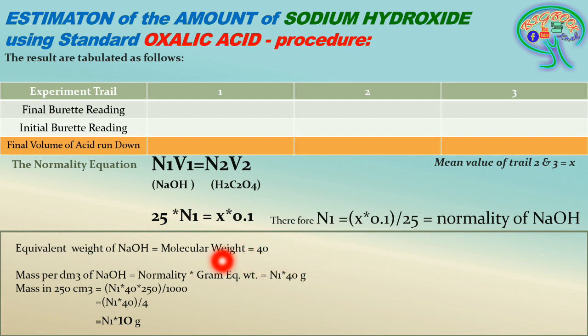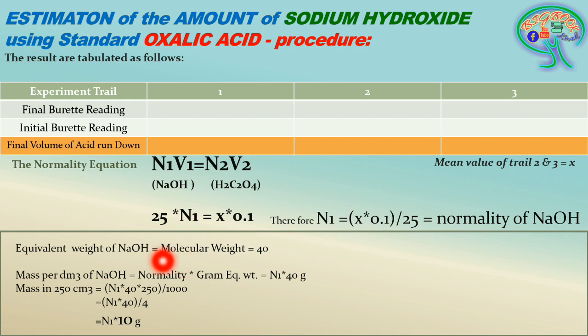So in the same manner as we have done the calculation for the mass per decimeter cube of NaOH, we can do the calculation for the mass in 250 centimeter cube. This is different from the decimeter cube. So N1 into 40 into 250 divided by 1000. Here we have mentioned the 250 and the 1000 as the new values added.